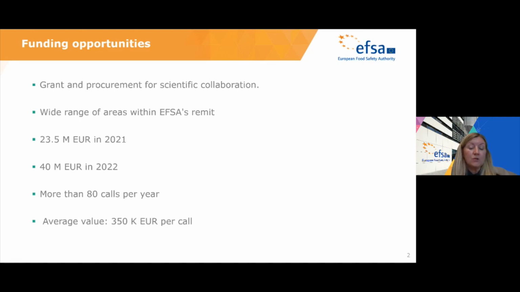However, the actual value of each call may vary significantly from 15,000 euros up to several million. So there are a range of opportunities in procurement and grants at varying values that organisations who work within the field of EFSA's remit may be interested in pursuing.